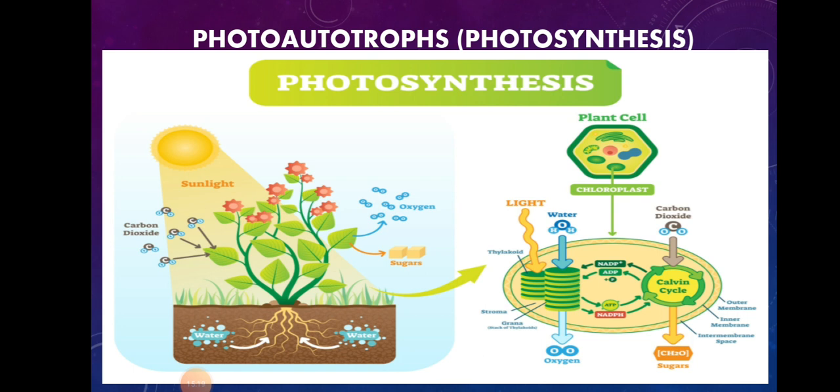Now over here you can see that there are two reactions occurring simultaneously, or parallel to each other, you can say. The two distinct reactions occurring within this organelle itself: one is with the help of light. As soon as the light falls on the thylakoid, the chemicals present get excited.